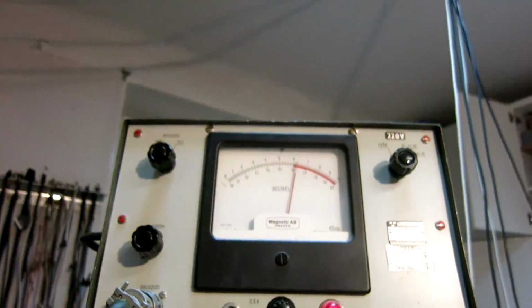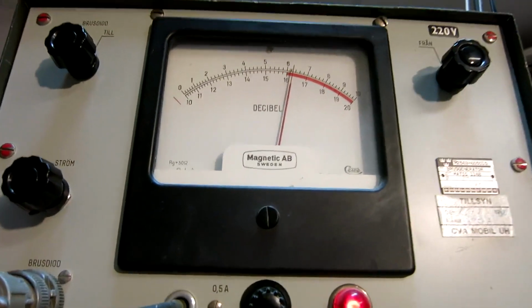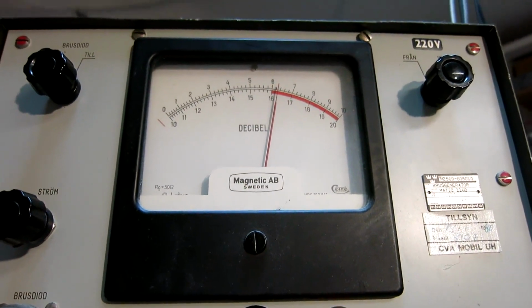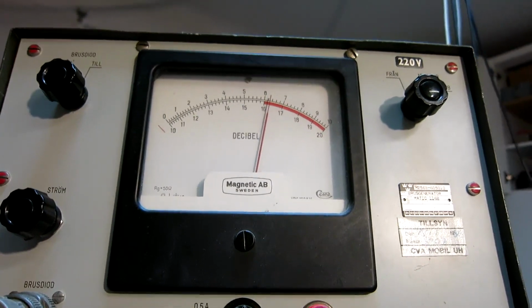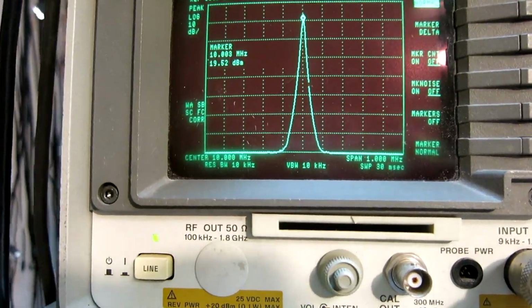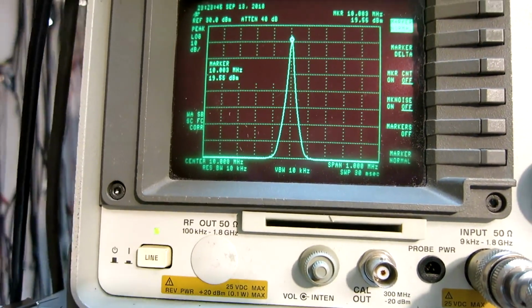And the noise figure, the noise temperature is 6.3 dB. That's minus 174 plus 6.3. That's at the power level of 19.5 dBm.